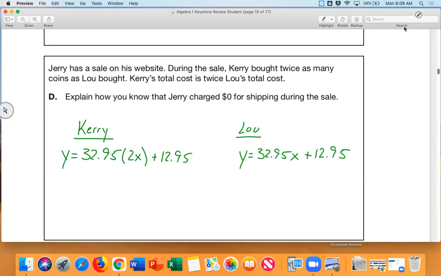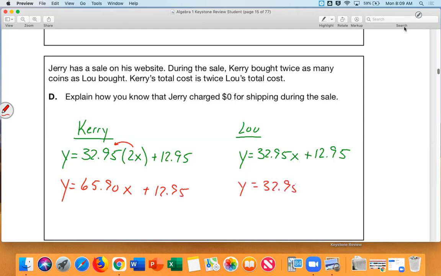If I kind of distribute this out into that, I have y equals. Now, if I do 2 times 32.95, it's like 2 times 33, which is 66, minus the 10 cents. So it's 65.90x. And then I have this plus 12.95. And here, I just have this.